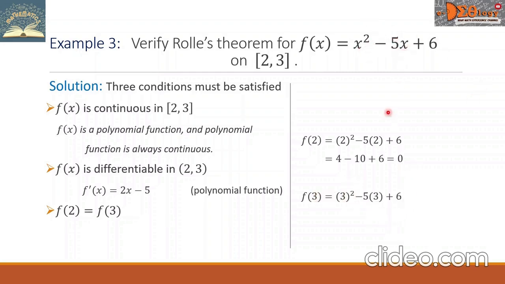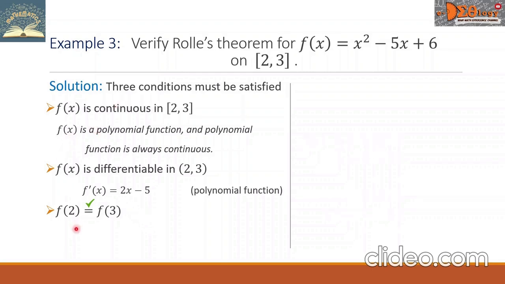We change the x by the value 3. Then we simplify. 3 squared is 9. Negative 5 times 3 is negative 15. Then plus 6. So finally, when we simplify, the value is 0. So f of 3 is 0 and f of 2 is 0. Therefore, f of 2 equals f of 3. So, this condition is also satisfied.